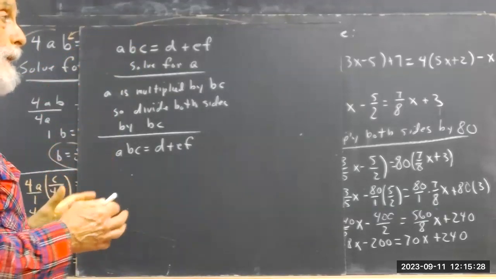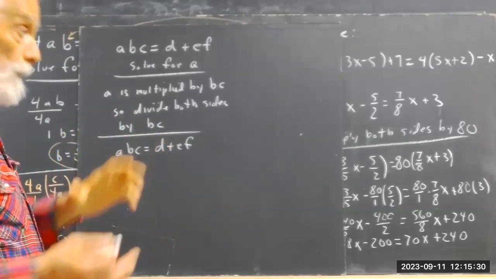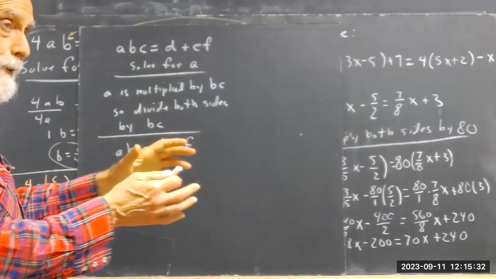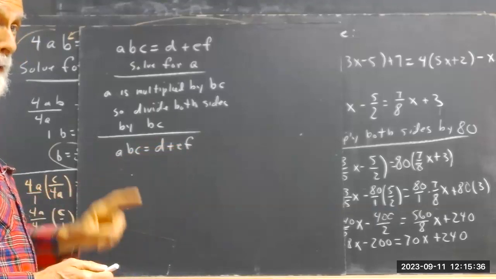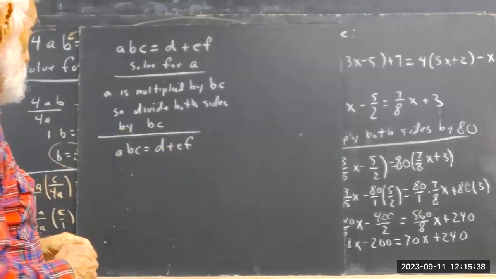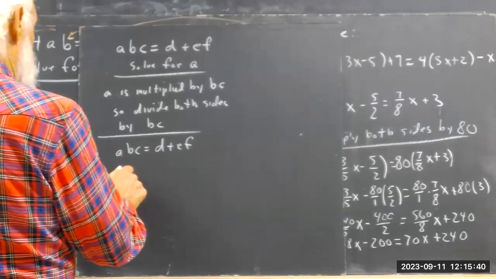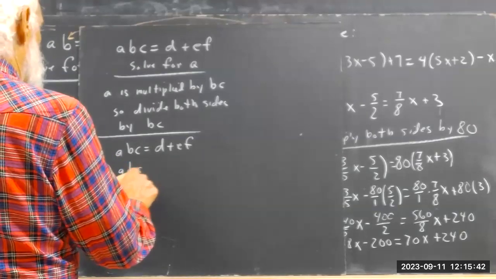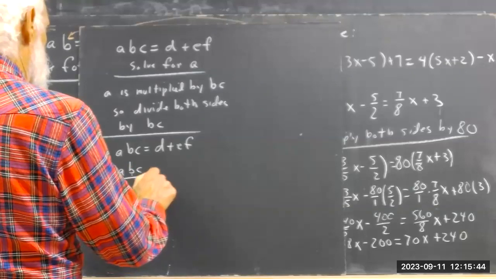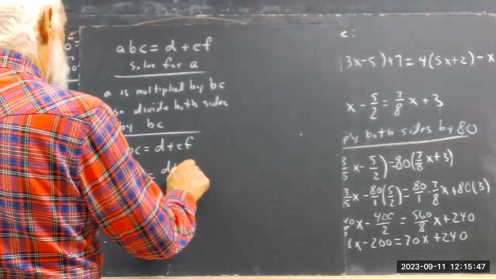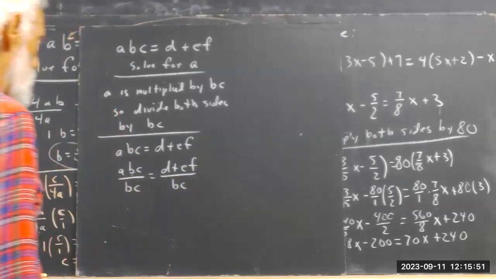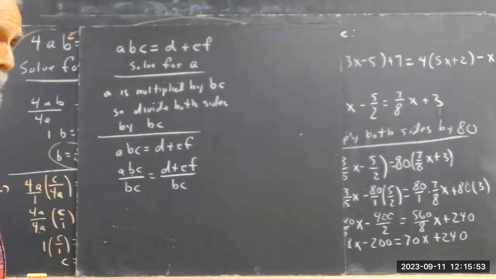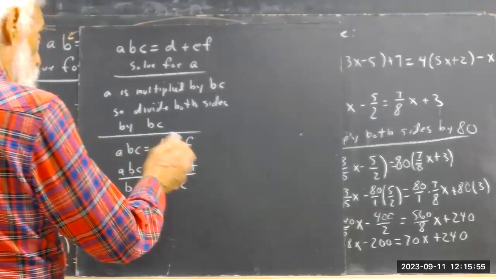If you take A multiplied by BC and divide by BC, then BC divides BC. It's the same thing divided by itself, it gives you 1, and that leaves you A. So we get ABC divided by BC equals D plus EF divided by BC. Now there's an intermediate step here that you want to understand.